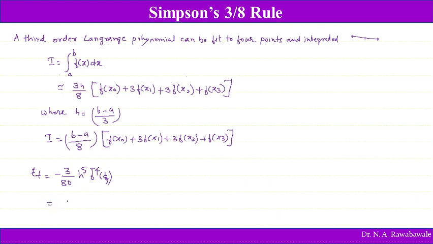Therefore this true error becomes minus b minus a to the power of 5 divided by 6480 f bar of fourth order zeta. So this gives us truncation error when we use Simpson's 3/8 rule for simplification of a problem.